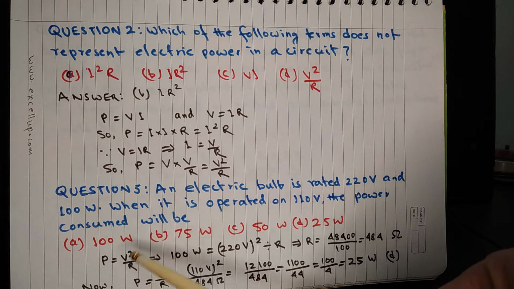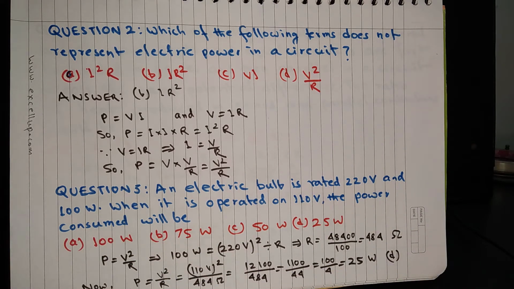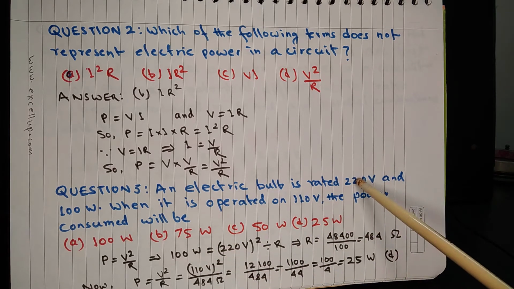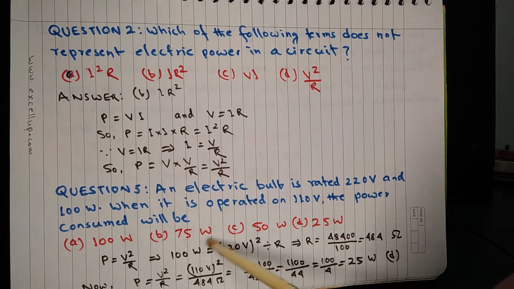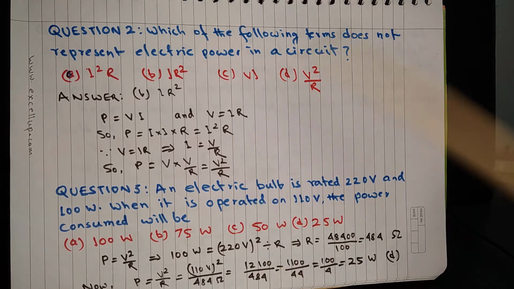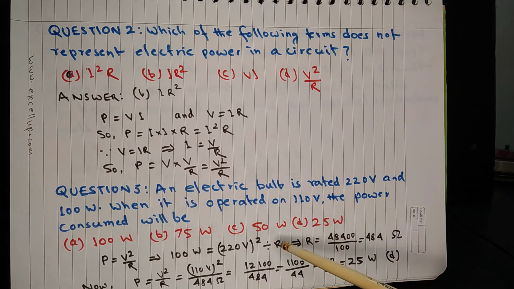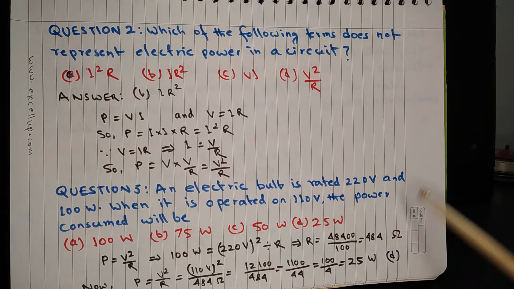We know that P is equal to V square upon R. So using this formula, we can find the resistance of the bulb. Power is 100 watt, voltage is given 220 volt, so square of this quantity divided by R. So R is equal to 48,400 upon 100, which is 484 ohm.